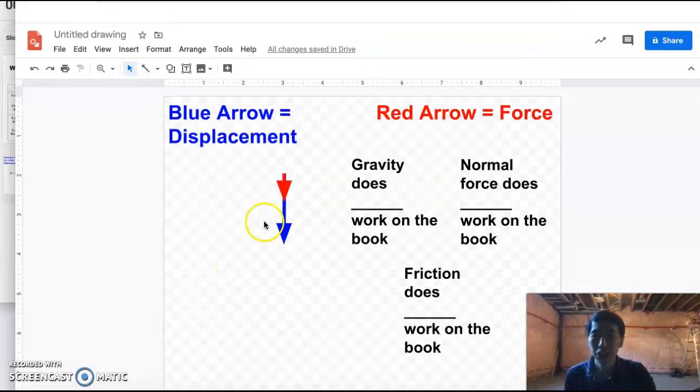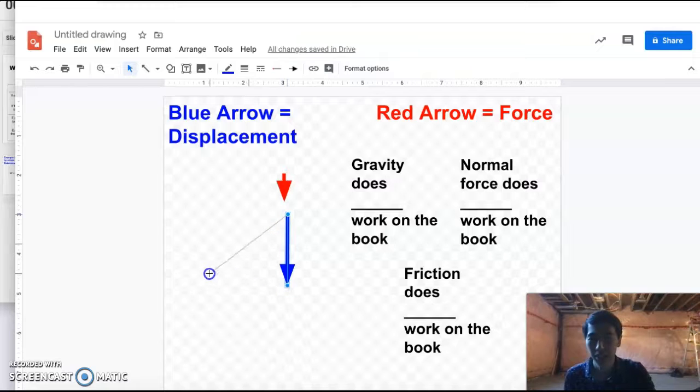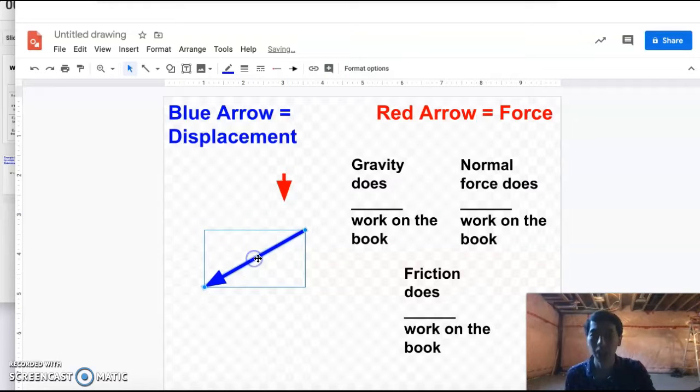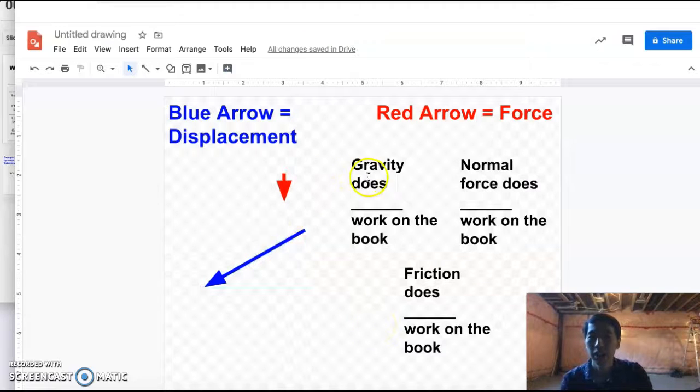So first I'm going to adjust my displacement arrow. The displacement of the book, it slid down the ramp. So the displacement is on some kind of an angle that way, the angle of the ramp. I'll focus on gravity first. My red arrow is my force. Gravity points straight down, so I don't really have to change this much.